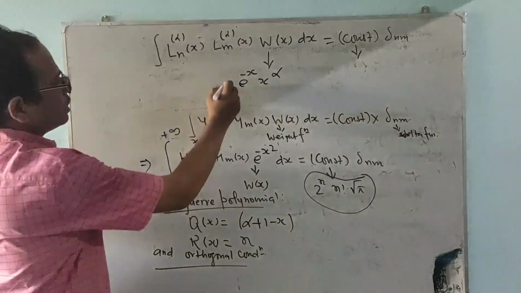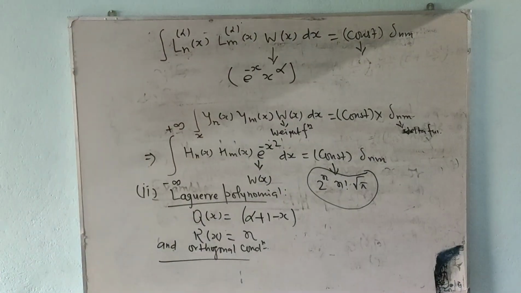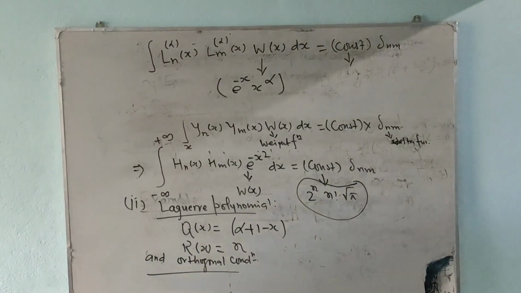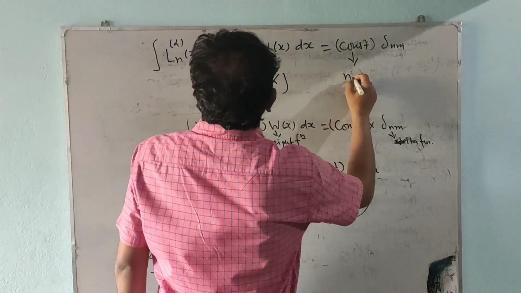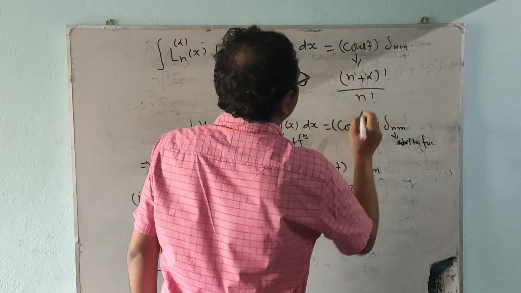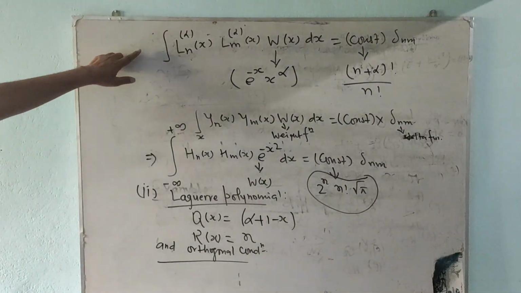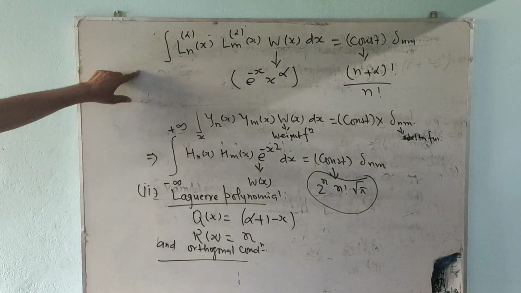Okay, this is the weight function, and this constant quantity is defined as n plus alpha factorial by n factorial. So this is for the case of the Laguerre polynomial.